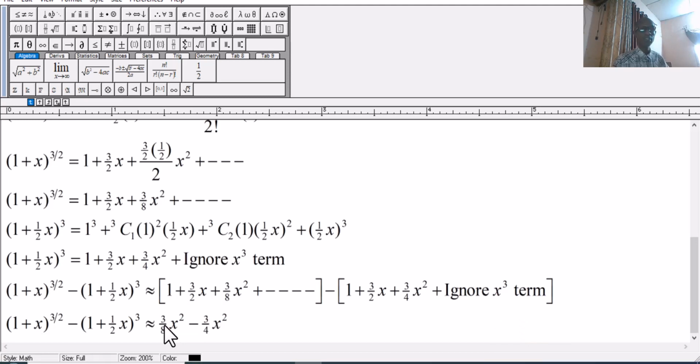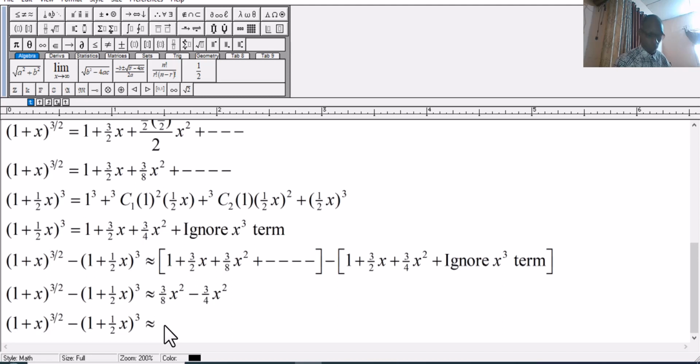So if we subtract this, what you have is minus 3 over 8 x squared. So we have done with the first side of this expression.